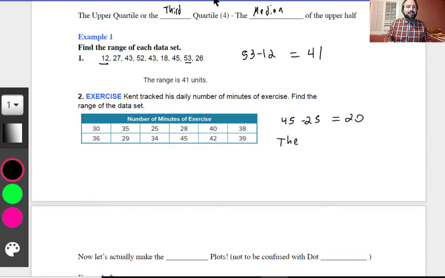So it is very imperative for you to write down this information, like say the range, use full complete sentences. The range is 20. All right, let's go on in 3, 2, 1.